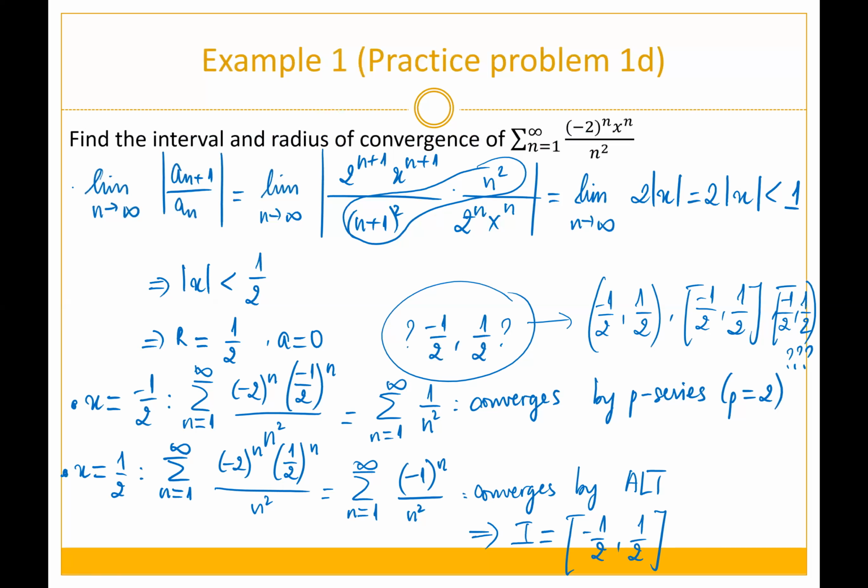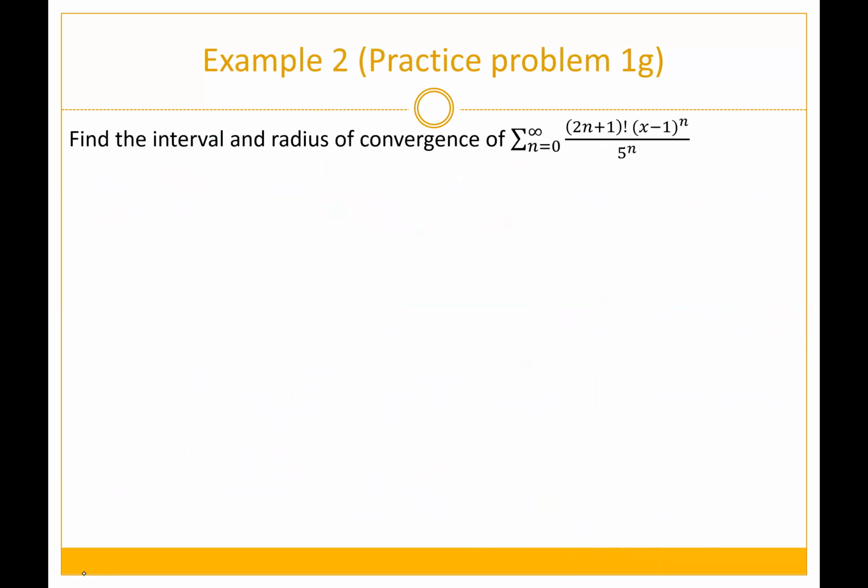First use the ratio or the root test to find the limit, and you need it to be smaller than 1 to have a convergent series. Then you find the radius of convergence, and figure out whether you take the two endpoints of that interval or not. The a equals 0 is particularly important because it shows that your series is centered at 0. Look at this interval, it's symmetric around 0. That's what I mean by the center of convergence.